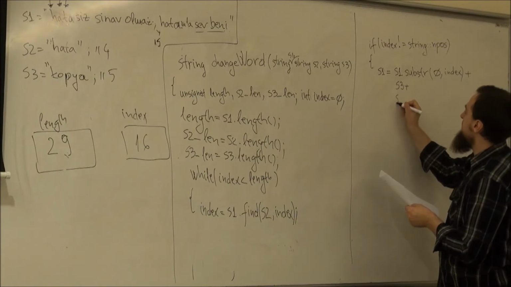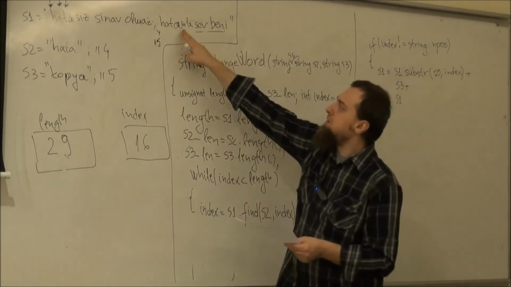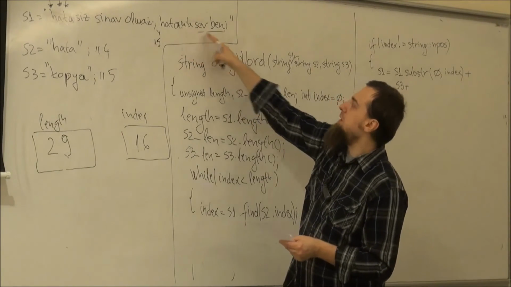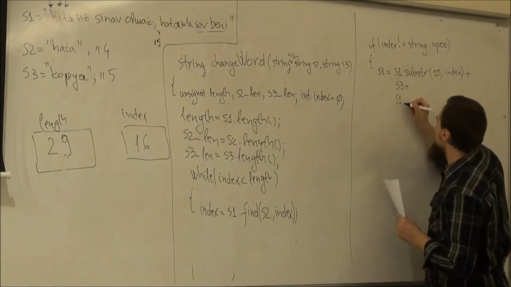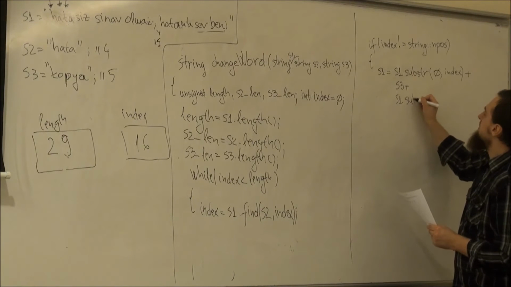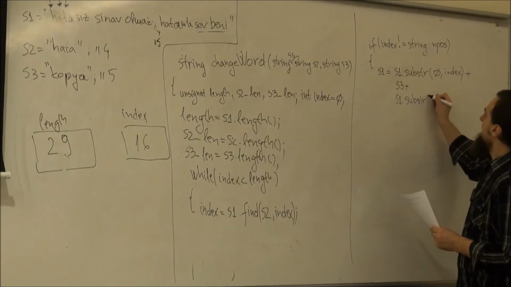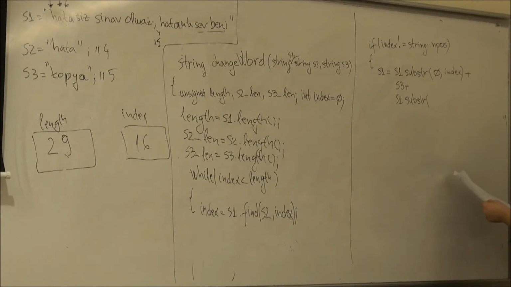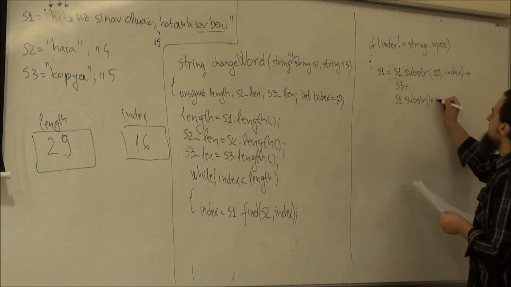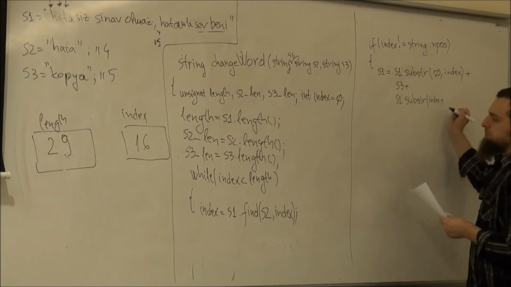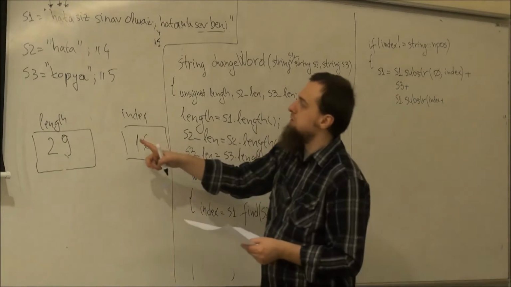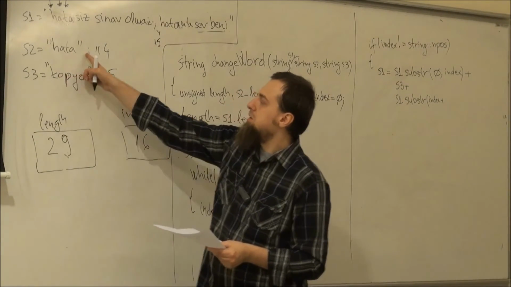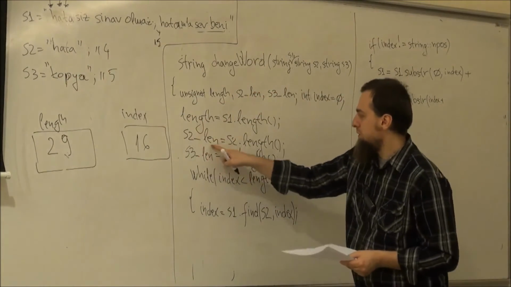And what's left from the string is, remember, "mla sev beni", so we are adding it right now. Substring from index plus the length of this string, which was S2 len. We found it here.